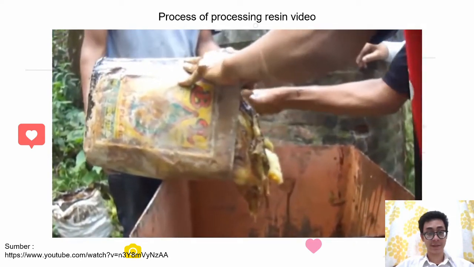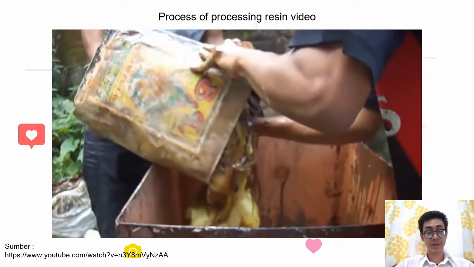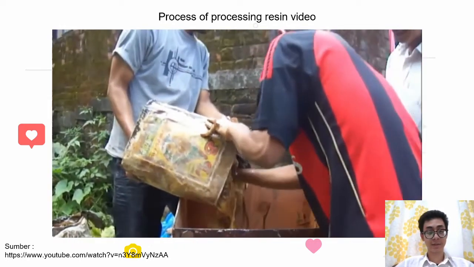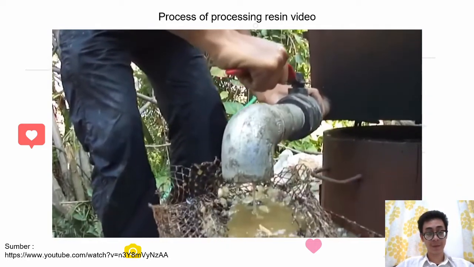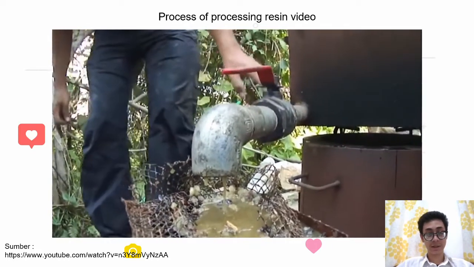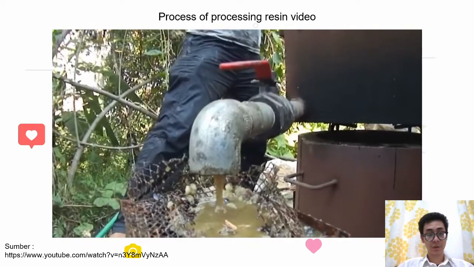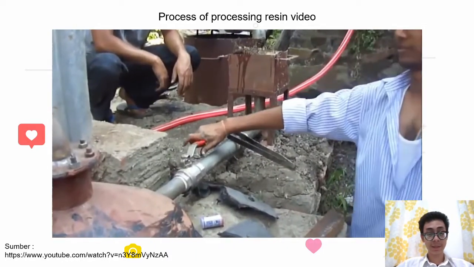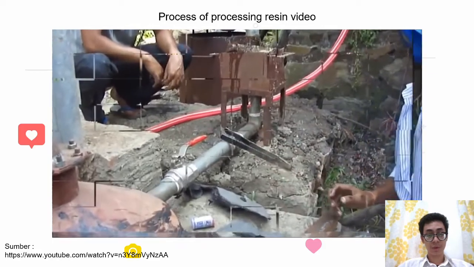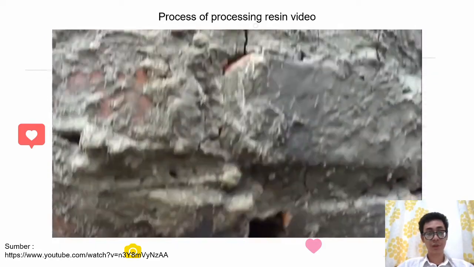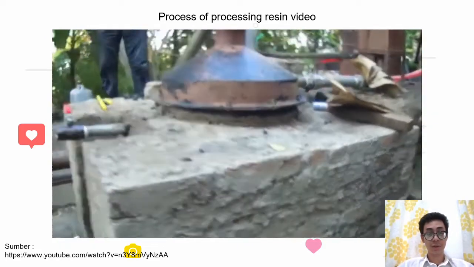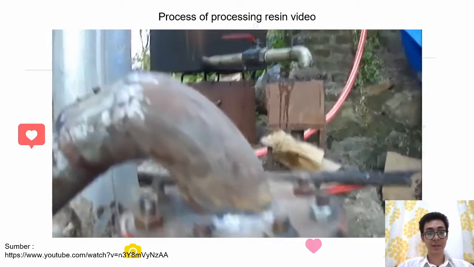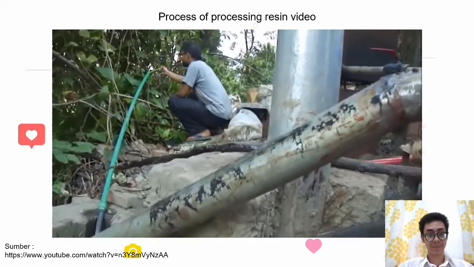So this is the process of making resin. The first step is to put the resin into the tank so we can heat the resin until it's warm enough. Then we filter the resin that has been heated until it's clean. The next step is we put it through the tank until it's boiled, to the condenser so we can extract the resin.